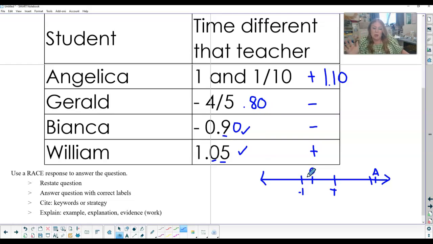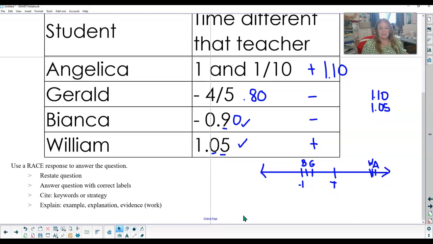Bianca went closer to that -1 at 90, 90 hundredths negative. And then William went 1 more second and 5 hundredths. So if I'm looking at Angelica and William, I can see 5 hundredths is less than 10 hundredths. So William kind of snuck right in there.